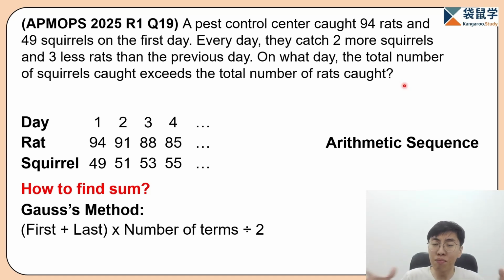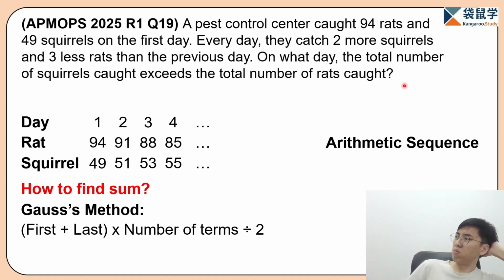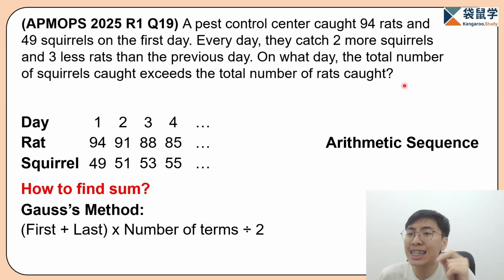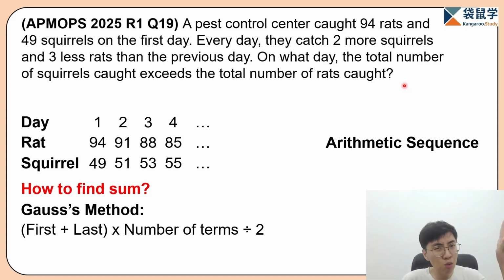But that's another problem. If I want to find the last, do I know what the last day is? We do not know what the last day is, and we do not know how many rats and squirrels there are respectively.